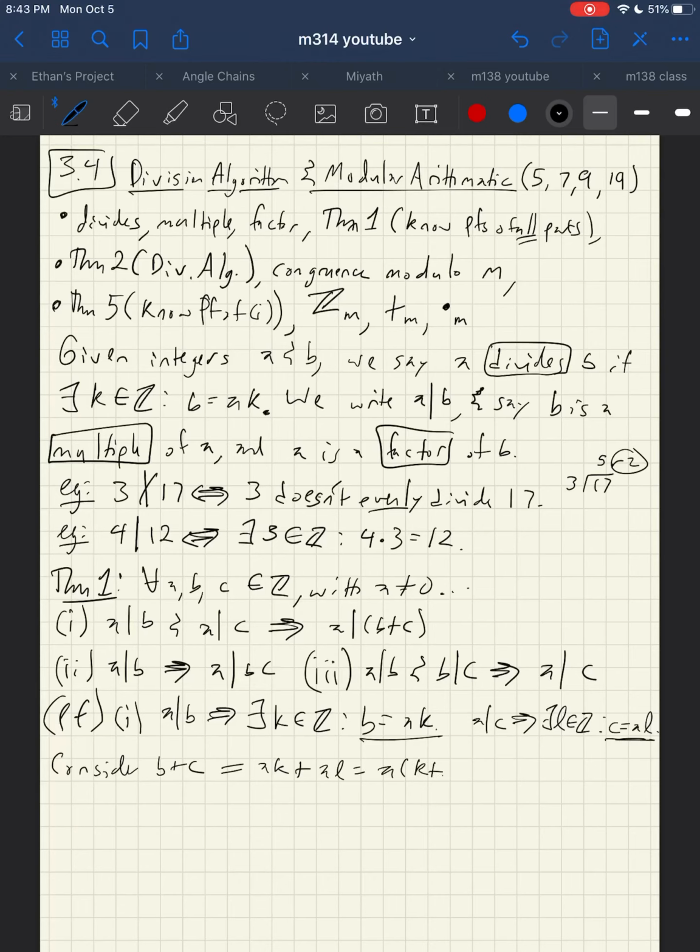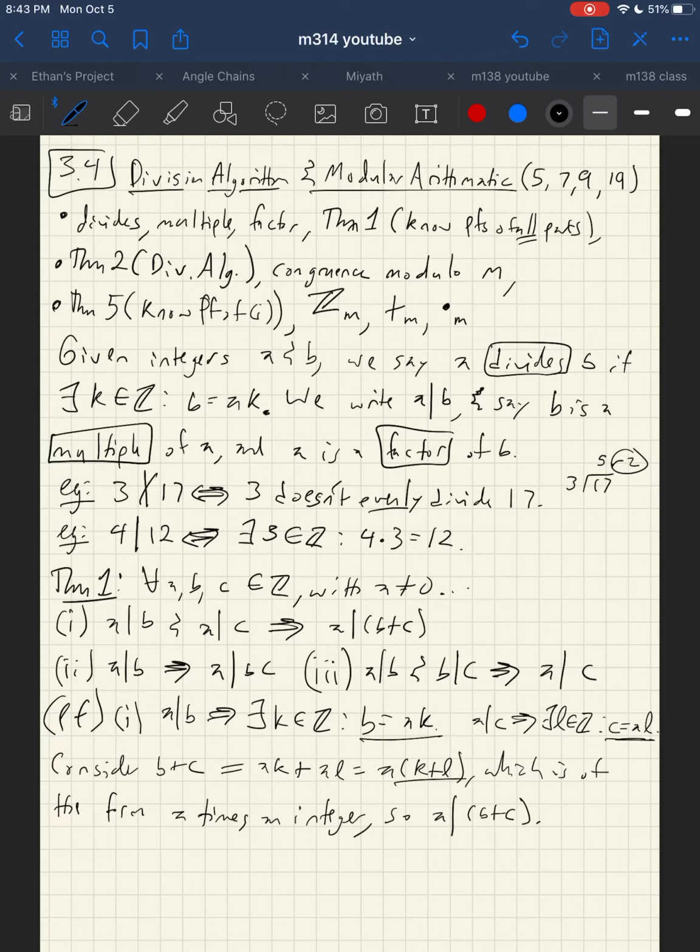And now I can factor out an a and get a times k plus l. And this is of the form a times an integer. So a divides what? A divides b plus c.